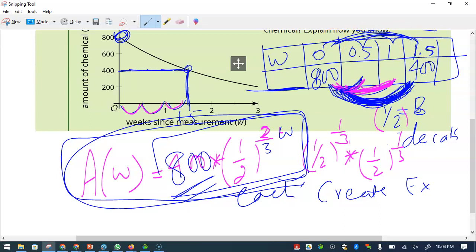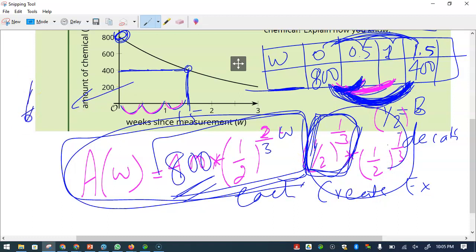So we want to know for every half what is the decay factor, and that's what we found. One of these is for every half of a week. But in 1 week there are 2 halves, right? So you just multiply this by 2, hope that helps. Even though they didn't ask us a question, you're supposed to know the answer is just 1.5, because here you get 1.5 and you're done.